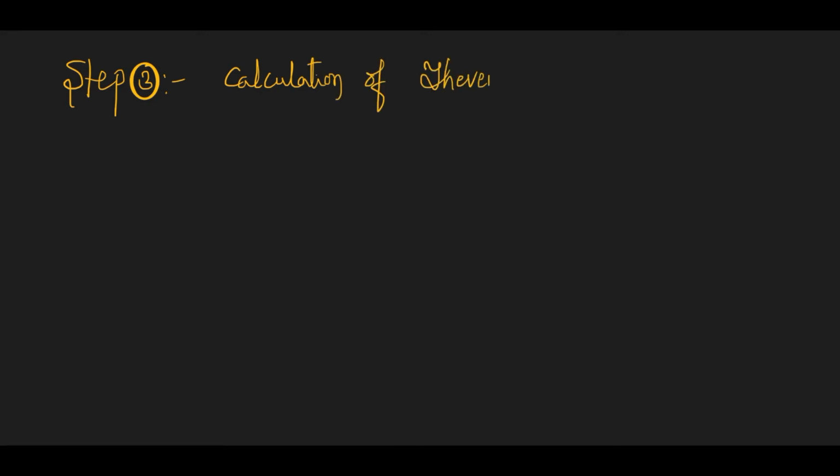Now coming to step 3, we must calculate the VTH, that is the AC voltage source VTH. So step 3 will be calculation of VTH, that is the Thevenin equivalent voltage source.